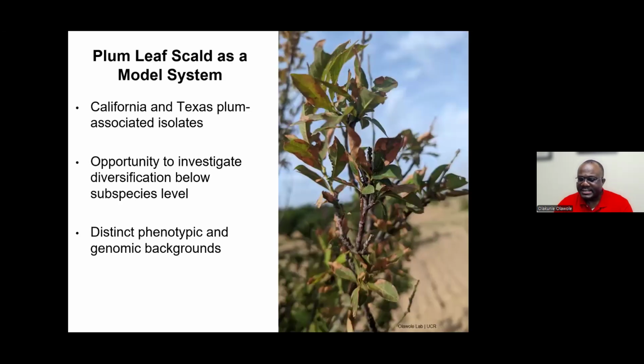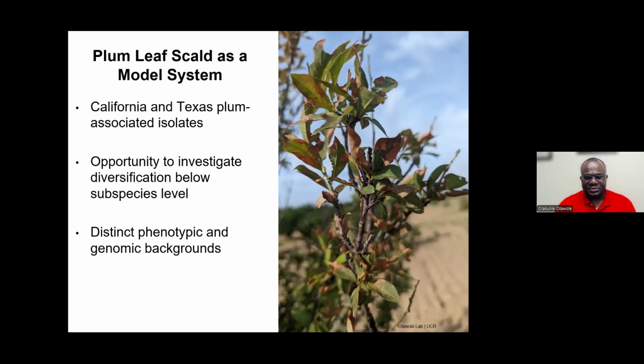To investigate diversification below the subspecies level, we focus on plum leaf scorch as a natural model system. The plum-associated populations I'm going to be talking about occur in both California and Texas, and the system allows comparison of isolates exposed to distinct ecological environments.